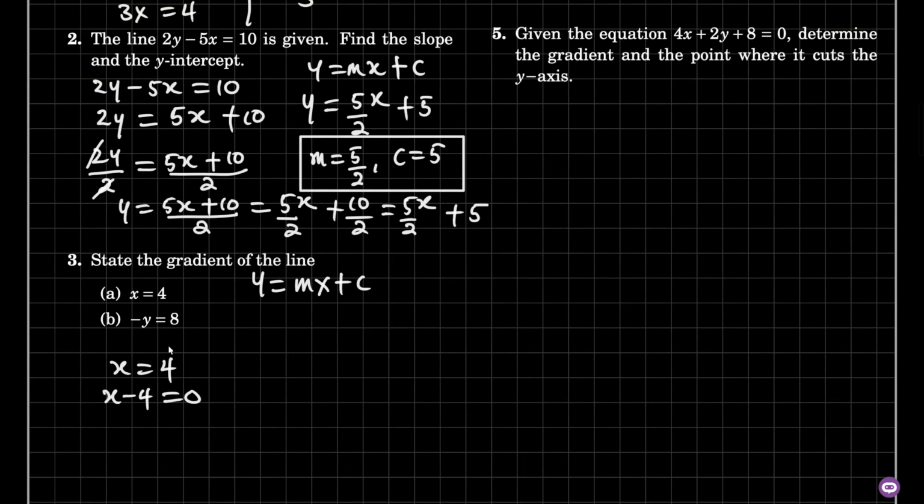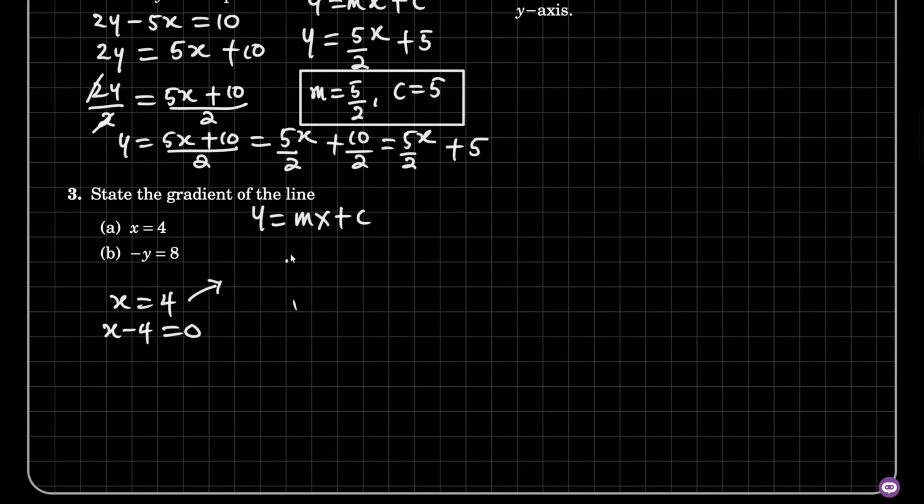Remember that for x equals 4, we don't have anything that has to do with y at all. In this case, the best way to explain this is to express what we have on a plane. So I'm going to try to show you what x is equal to 4 looks like on a plane. So let's do that.